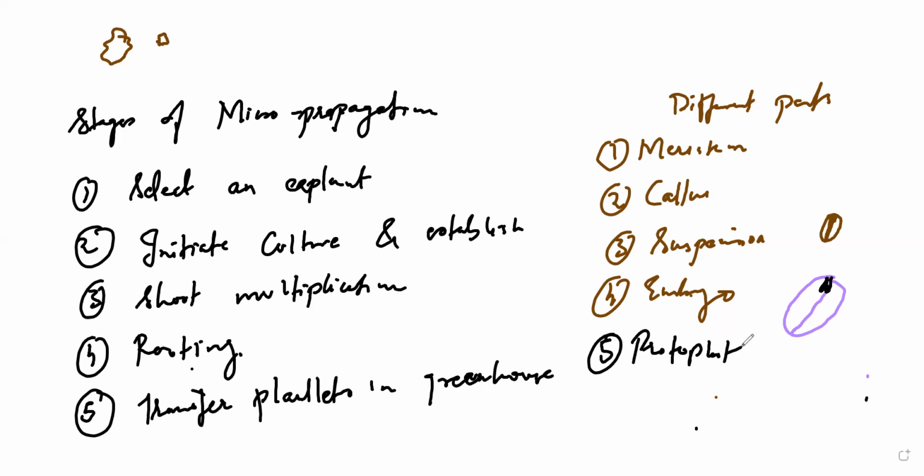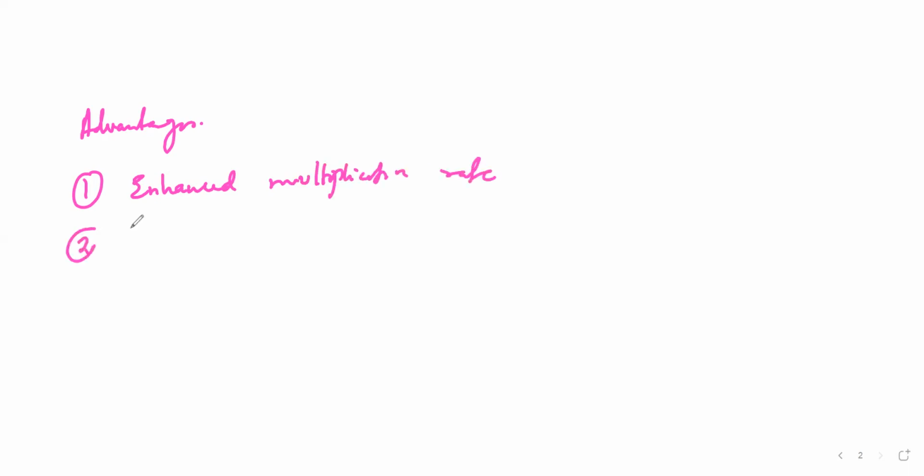So basically, what are the advantages of micropropagation? Advantages. First of all, a greatly enhanced multiplication rate, wherein you can produce large quantities in a short time.